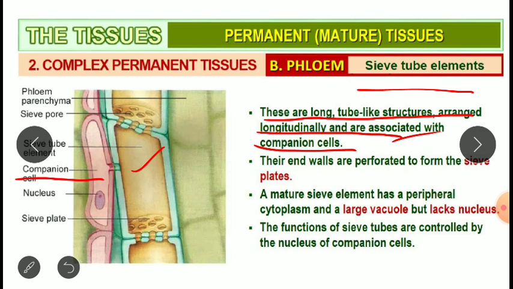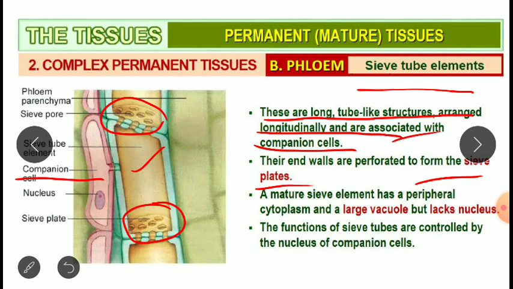Their end walls are perforated to form a sieve plate. Each cell has some pores, and these are arranged on a plate-like structure, so they are known as sieve plates. A mature sieve element has a peripheral cytoplasm and a large vacuole, but it does not have any nucleus.